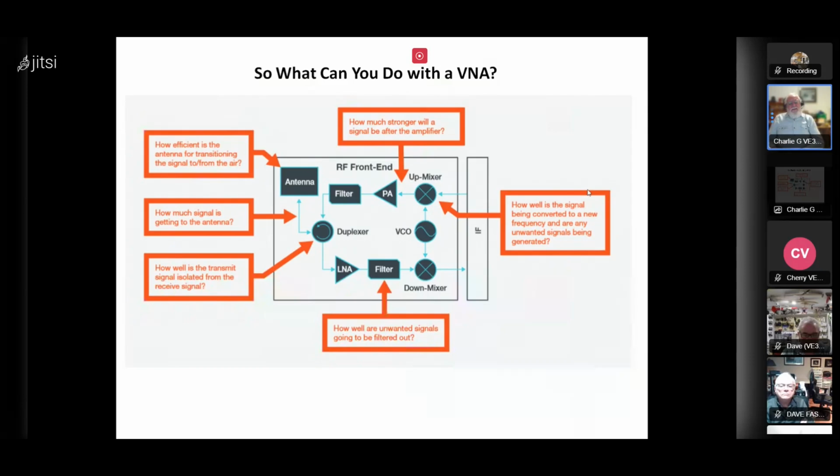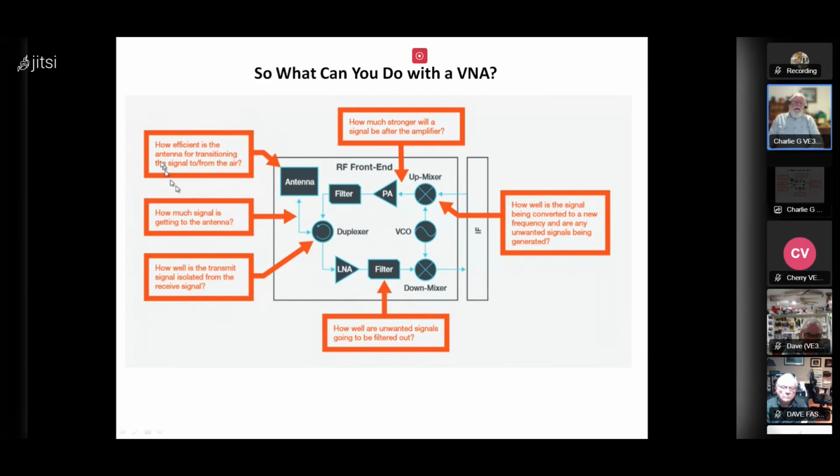Sorts of measurements you can do with a VNA. This is just a little example of the front end of a radio, right? So we're not even looking at the receiver portion. The intermediate frequency stuff is just represented by a block here. We're just looking at the very front end.